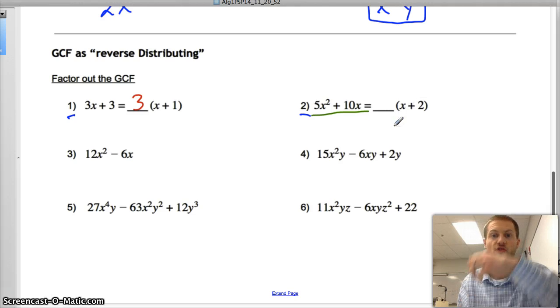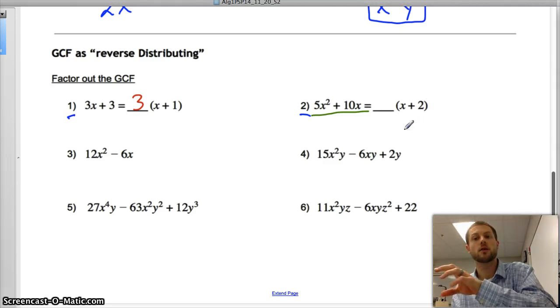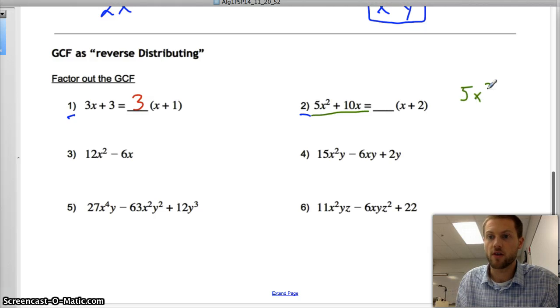When you are reverse distributing, you are using the reverse operation that we used when we distribute. When we distribute a number, we're going to multiply across, and if we reverse distribute, we're going to be dividing. So we're basically trying to ask ourselves, what is 5x squared divided by x? And what is 10x divided by 2?